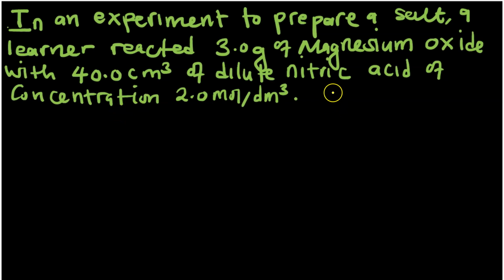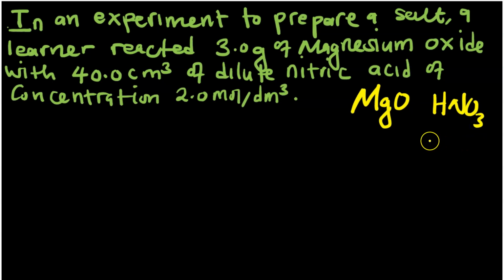To start with, what is reacting in this reaction? So we have magnesium oxide reacting with an acid, nitric acid. So this is the formula. So the first thing you need to know is the formulae of the substances that are reacting. Okay?